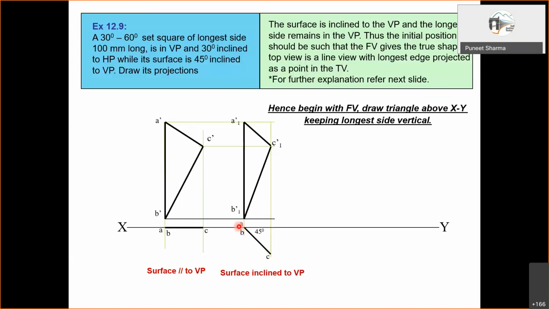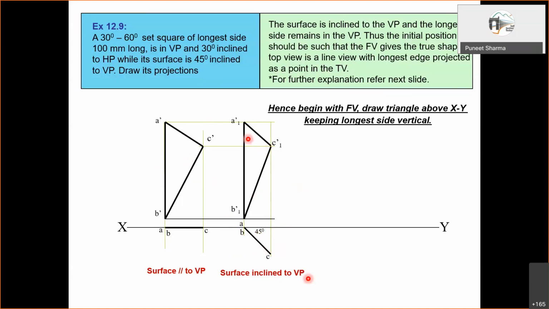Okay, this line view, the top view is a line view. It is to be drawn inclined with the XY line, and this gives us the inclination of this surface. The condition that this surface is inclined is achieved. And corresponding to this, we then obtain the reduced front view.